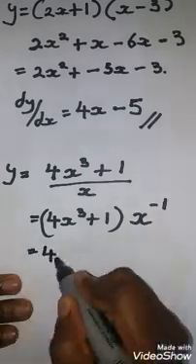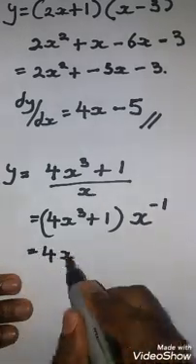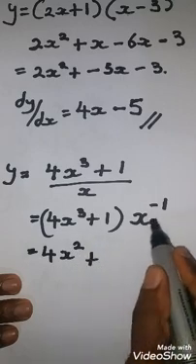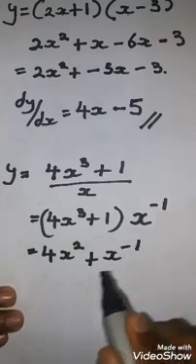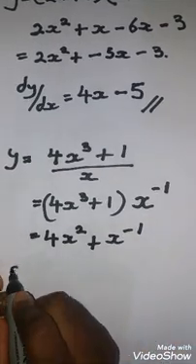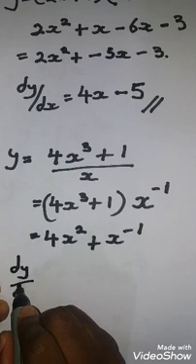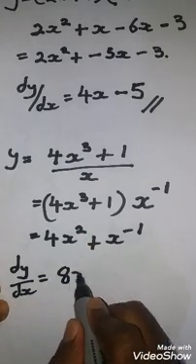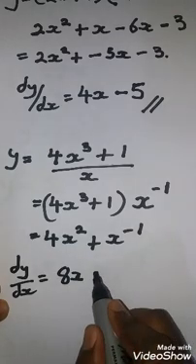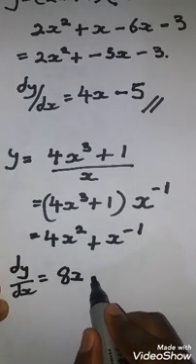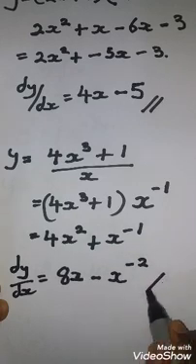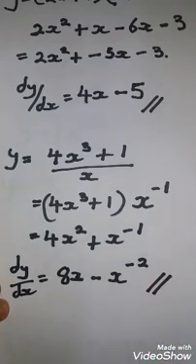So when you open the brackets, you have 4x, 3 times minus 1, so that'll be 3 minus 1, which is 2, plus x to the minus 1. Now when differentiating, we know we use multiplication and subtraction of the powers. So 4 times 2, 8. 2 minus 1, that is 1, so it remains 8x, minus 1 and x to the minus 2.